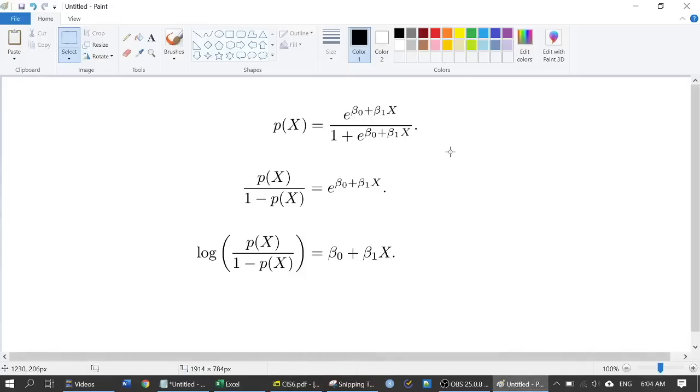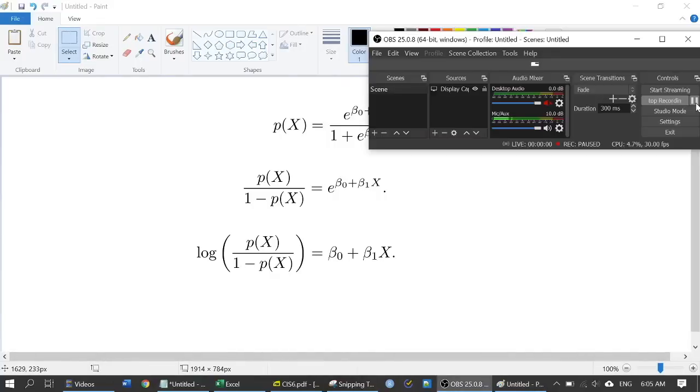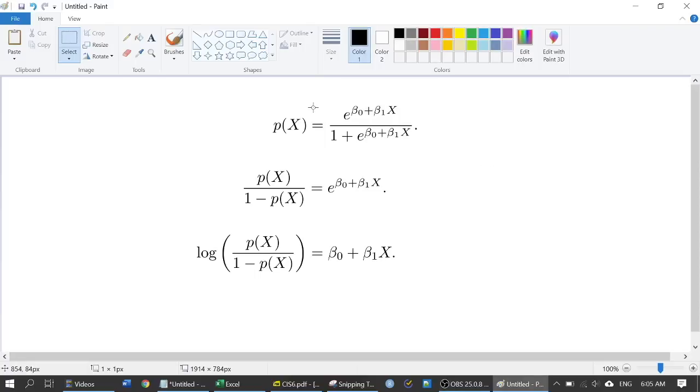This is taken from the book. So the first one is the logistic function, where the probability of x is given by the exponent of beta naught plus beta 1x divided by 1 plus the exponent of beta naught plus beta 1x. With a little bit of manipulation, you can have p(x) divided by 1 minus p(x) equal to the exponent of beta naught plus beta 1x.